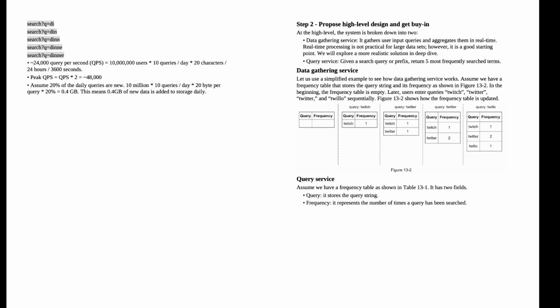Essentially, there will be two services: one is data gathering, and another is your query service. The query service, given a search prefix, will return the top 5 search results, and the data gathering service will aggregate data in real time. But if the data is large, then we will not do it in real time. That is what they have said.